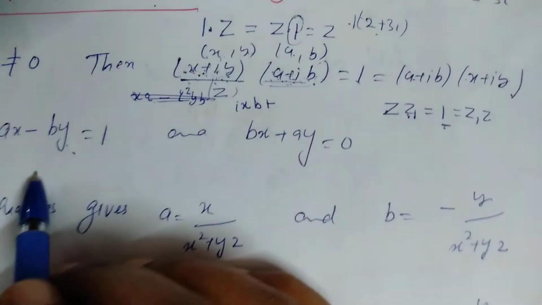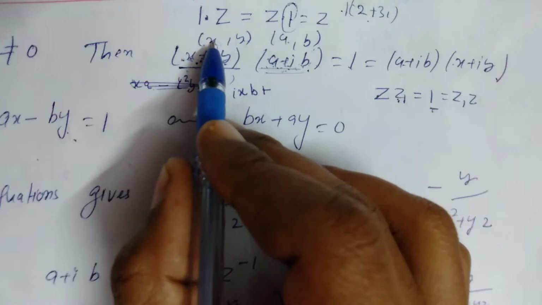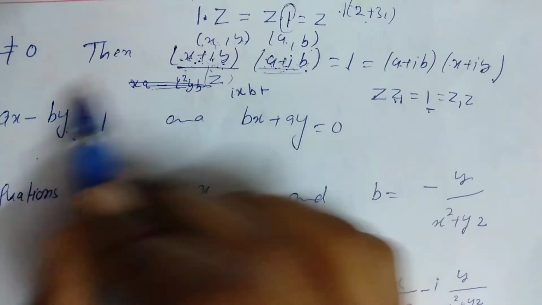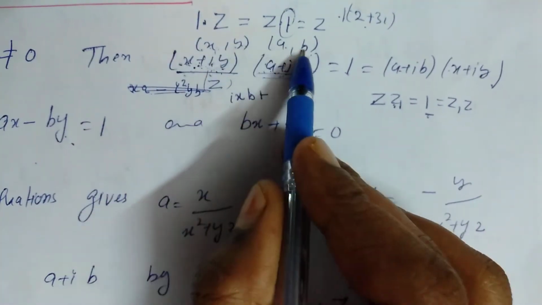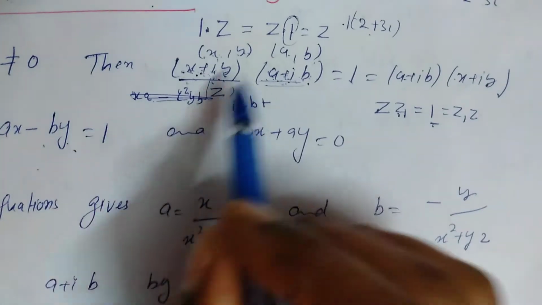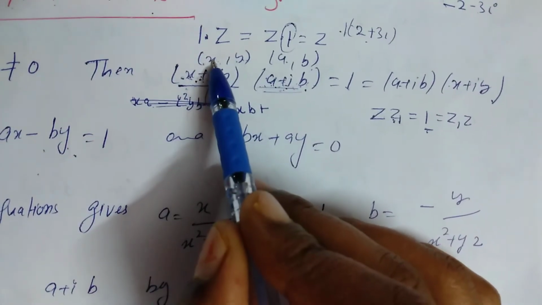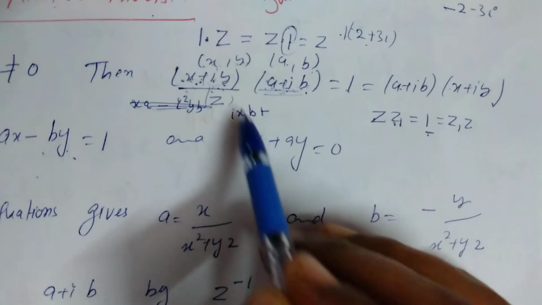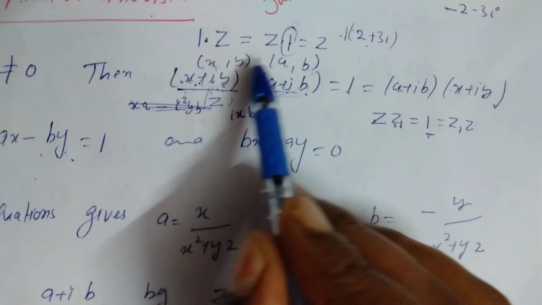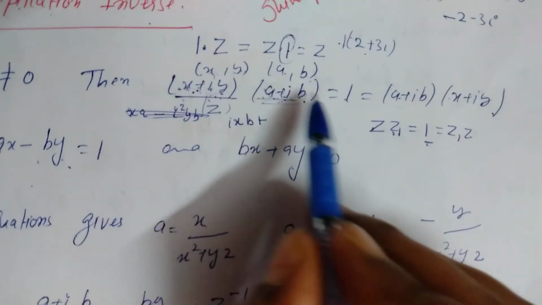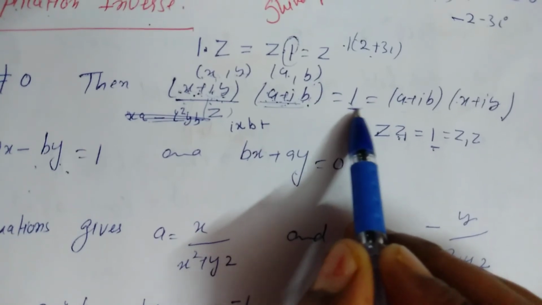Then we will get this if we apply the rule. Look: x1 into x2 minus y1 into y2, and the other factor will be x1 into y2 plus x2 into y1. And then we will equate real and imaginary parts.